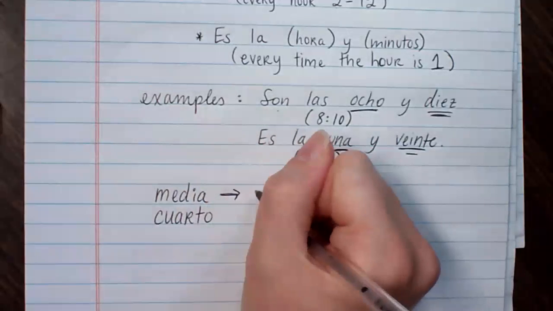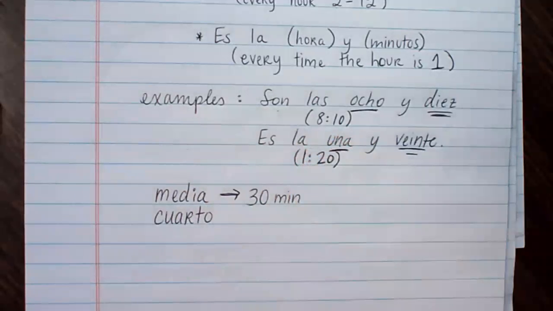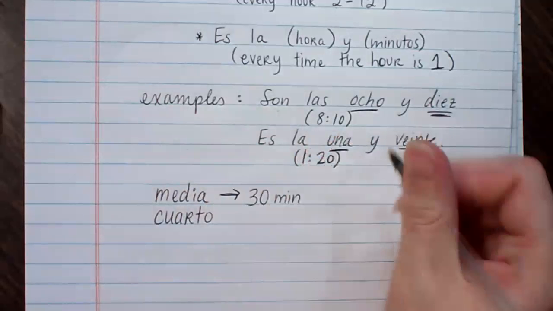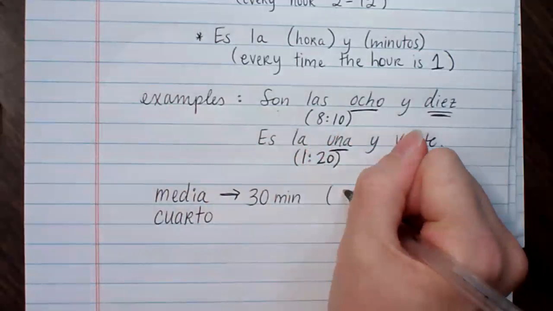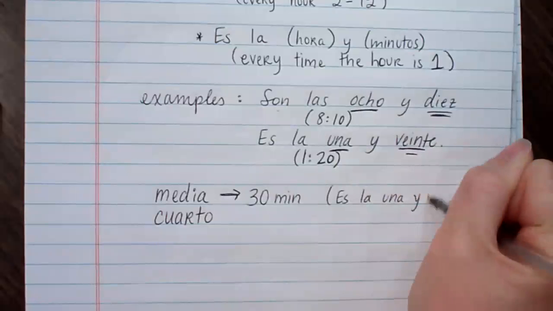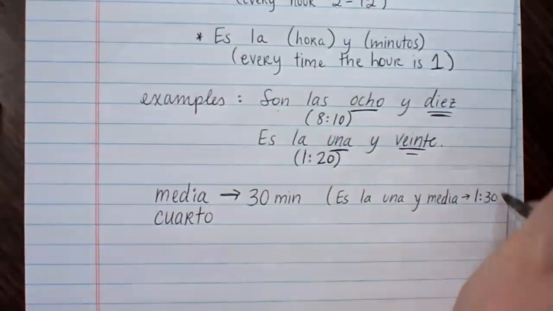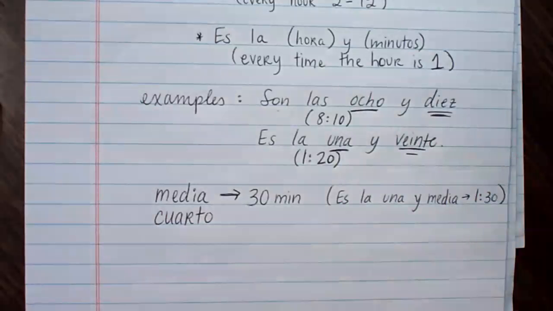So half an hour is going to represent 30 minutes because that's half an hour. So an example, if I said, es la 1:30, that would be it is 1:30. It's 1:30.